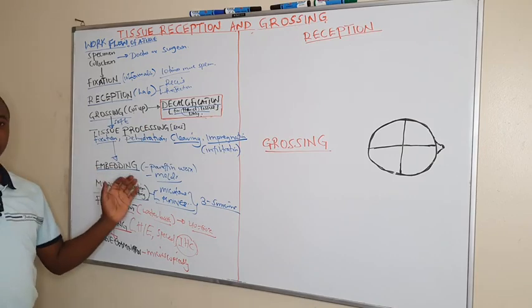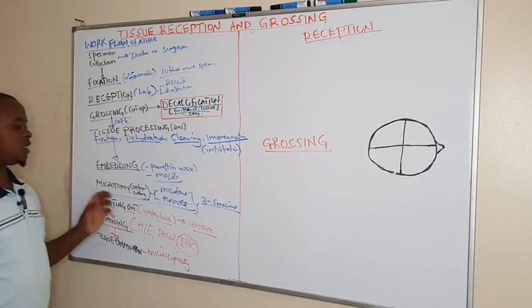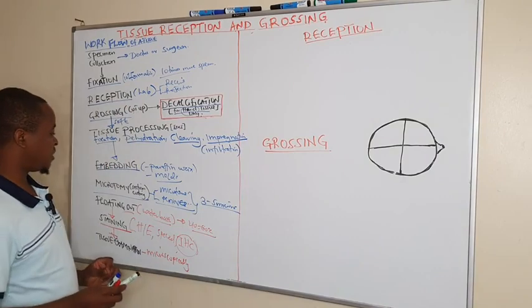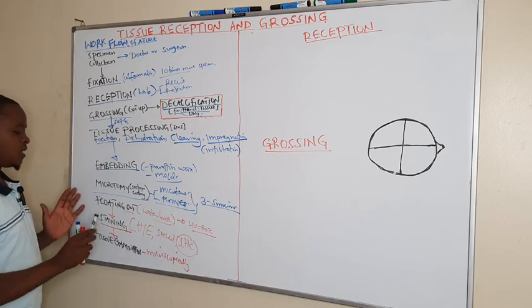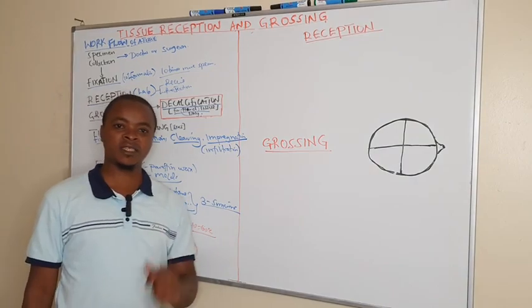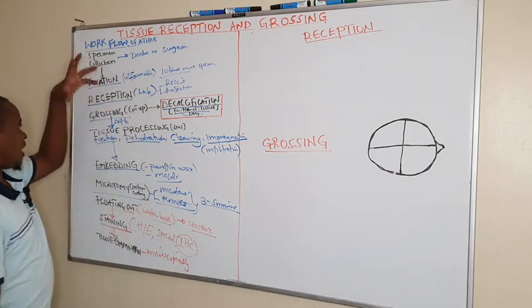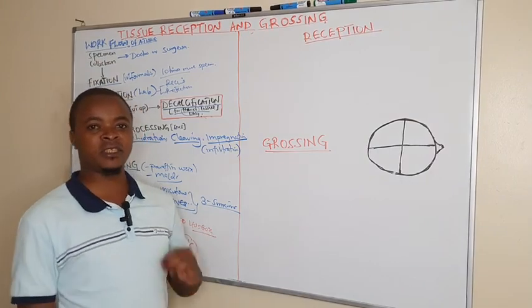Then we have seen embedding, that is providing a solid media for microtomy. Then microtomy is whereby we are cutting small sections, 3 to 5 microns, which are floated out to straighten them, to remove their folds, and then mounted on the slide for staining, and after staining we examine. So after looking into that, in our series of videos, we are going to be handling each step in detail.